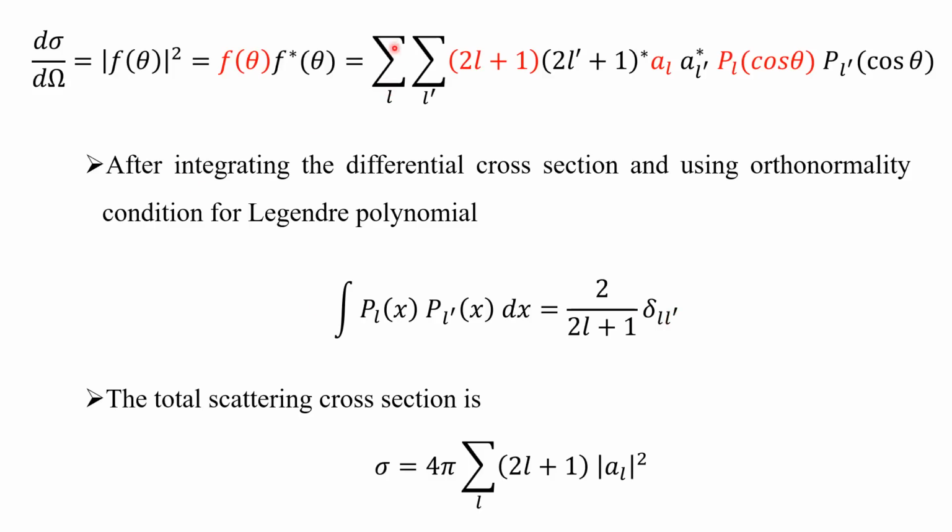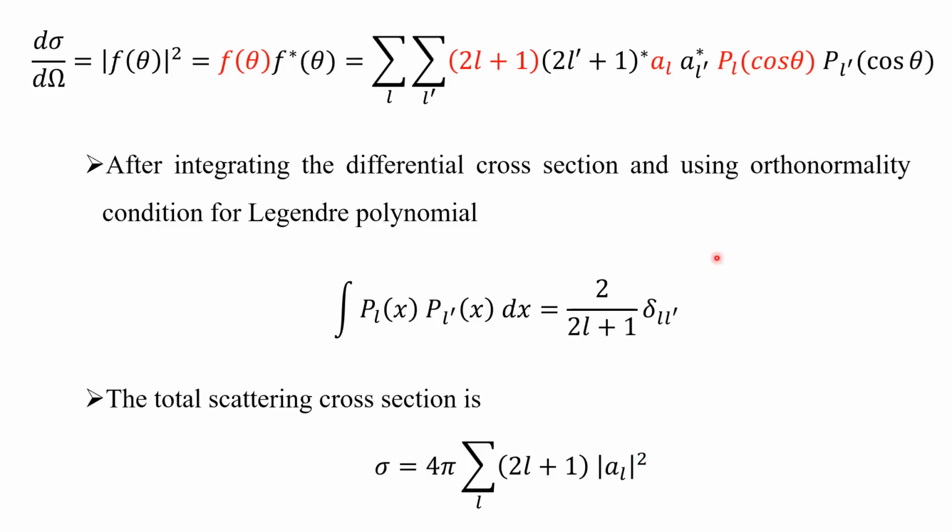This is one only when L is equal to L'. So the summation over L and summation over L' will become just summation over L. Since L is a real number, 2L+1 into 2L+1 complex will become (2L+1) squared in the numerator. In the denominator you have 2L+1, which will get cancelled. Simply, you will get 2L+1. Similarly, if you multiply this, you will get modulus A_L whole square.